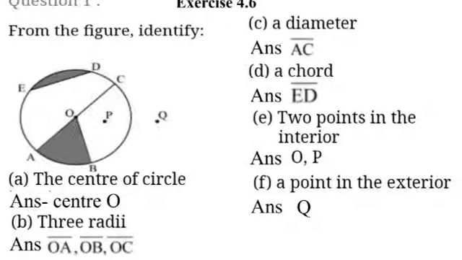Now students, you can see one straight line inside the circle here, another here, and another here. Pay attention: when you get these three kinds of straight lines inside the circle, what are they called? Could you see point E and point D are on the ring of the circle, right?